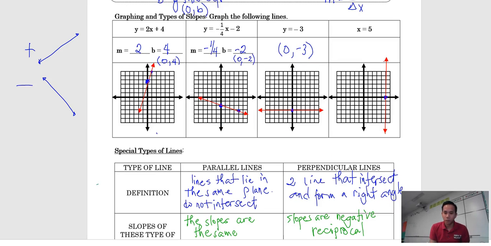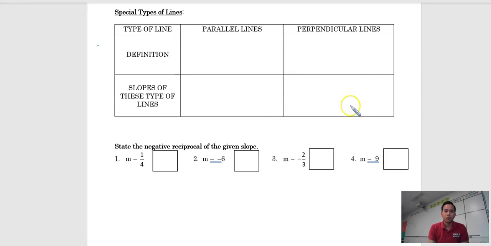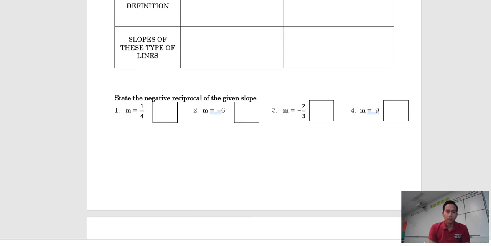So state the negative reciprocal of the given slope. So what is the negative reciprocal? To get the negative reciprocal, you get the opposite of the sign of the given slope and then get the reciprocal of the fraction that you have there.